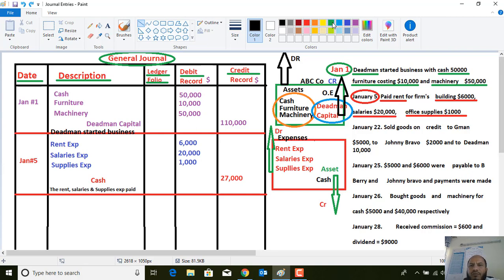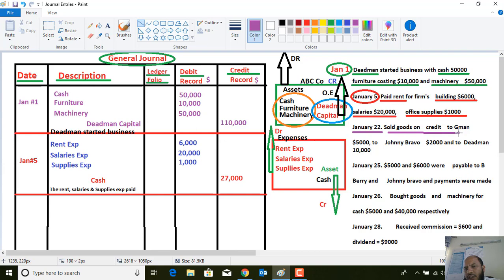Now we will move toward another transaction, which is January 22. Before going towards the general journal records, first of all we should analyze the transaction. So this is the date of the transaction, January 22. On January 22, what happened? The business sold goods.